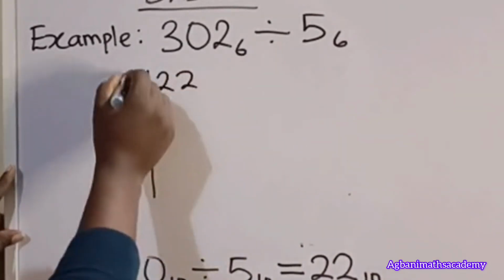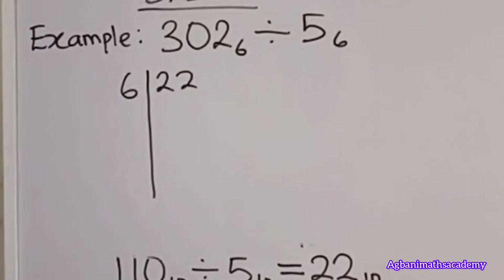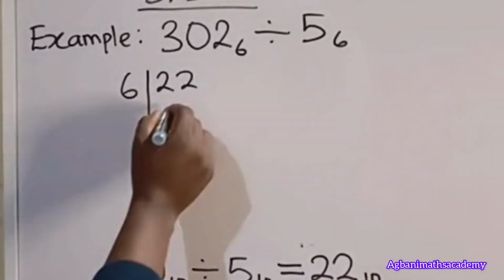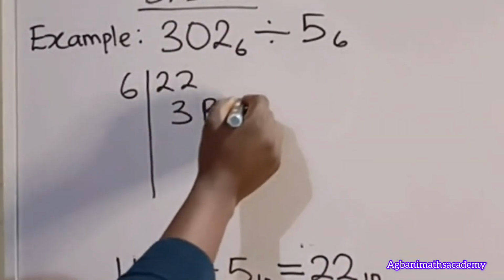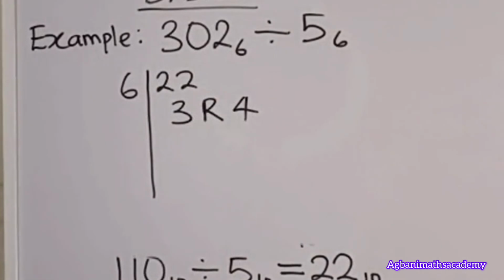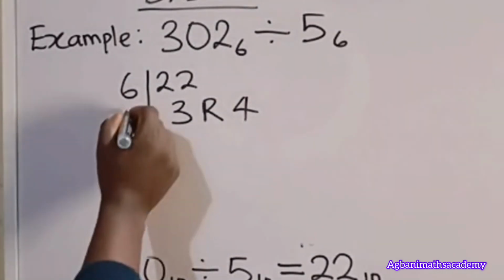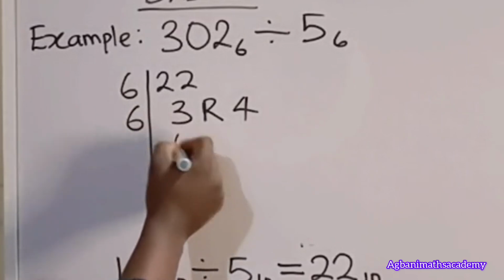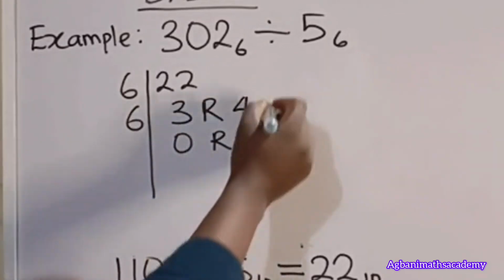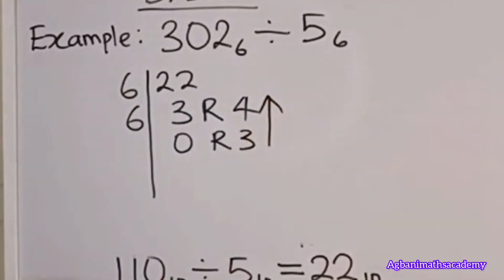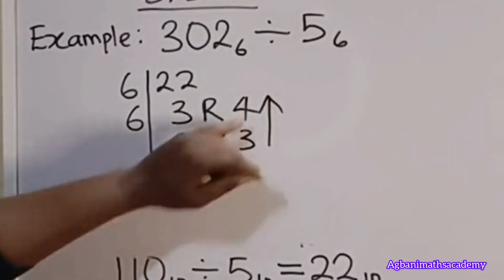22 divided by 6 is going to give us 3 remainder 4. And then 3 divided by 6 is going to give us 0 remainder 3. So that means we have 34.